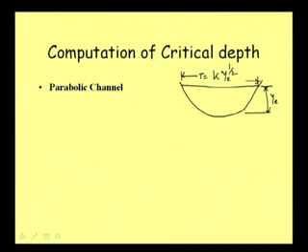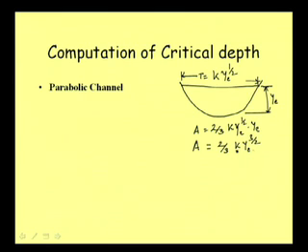Top width is equal to k yc to the power half, and the area is equal to 2 by 3 of the top width into yc. So, this becomes equal to 2 by 3 k yc to the power 3 by 2. So, that is the expression for area, and k is a constant of the parabola.